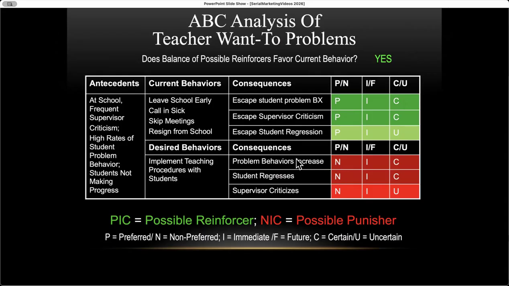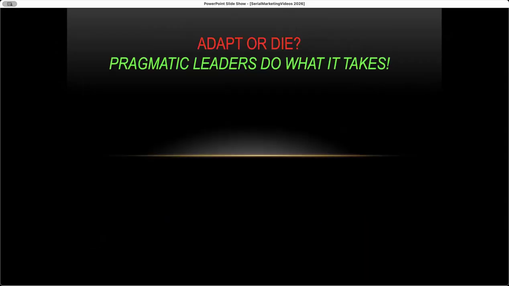On the other hand, the consequences for the desired behaviors, implementing teaching procedures consistently with students, if problem behaviors increase, student regresses, and supervisor criticizes, they can be classified as not preferred, immediate, and certain, in which case we have possible punishers. Does the balance of possible reinforcers favor current behavior? Yes. Therefore, we have a want-to problem due to inadequate management.